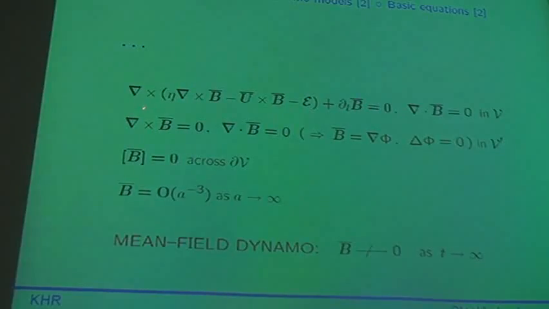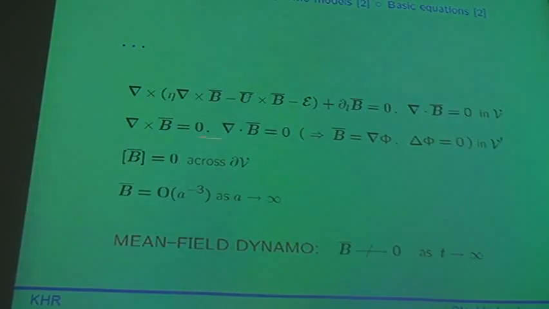You can derive the mean field induction equation in the fluid body. Outside you can say that curl B and divergence B are 0, or B is a gradient, there is a potential which satisfies the Laplace equation in outer space.